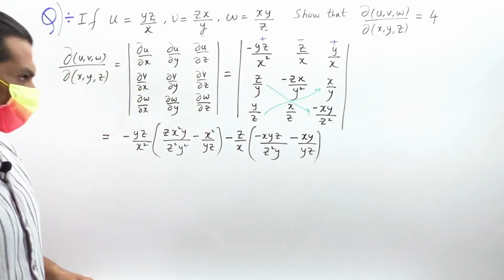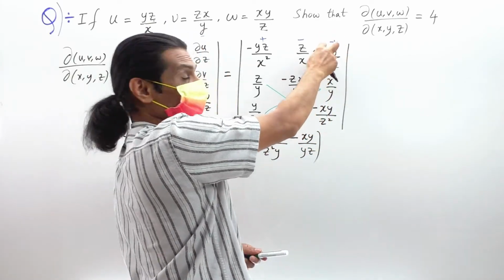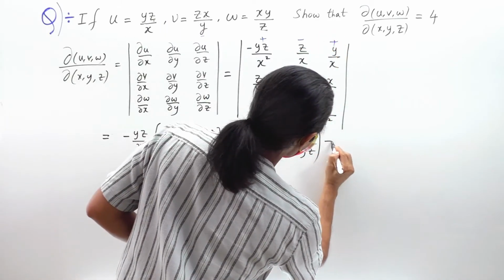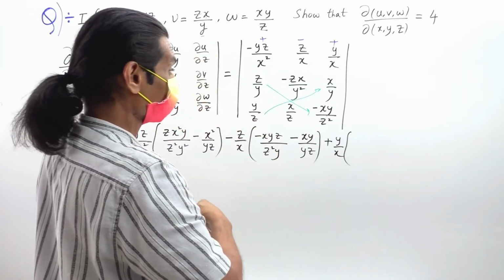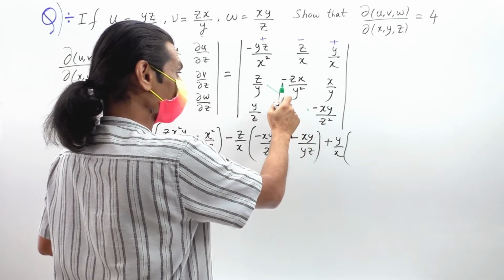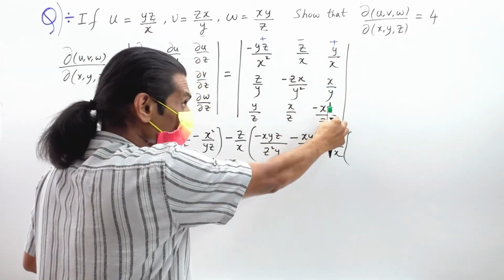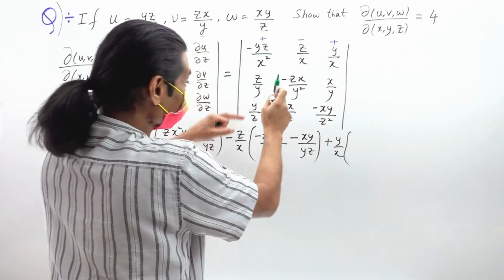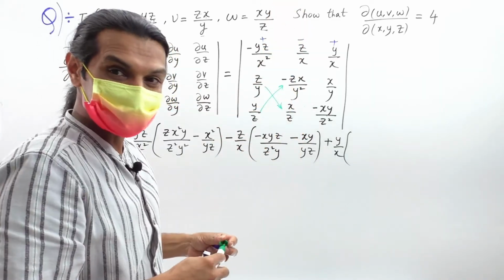That is it. Lastly, this element, sign is plus, plus y by x into, now when I take this element, then definitely you are going to leave this column and this row. What remains? This into this minus this into this. That is it.